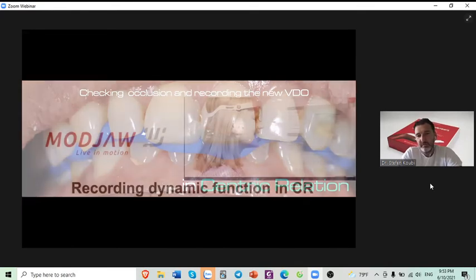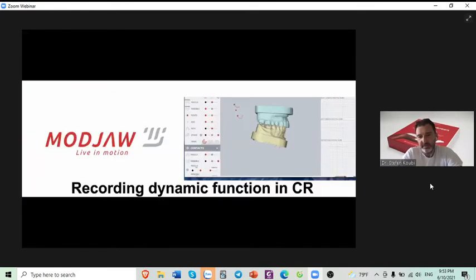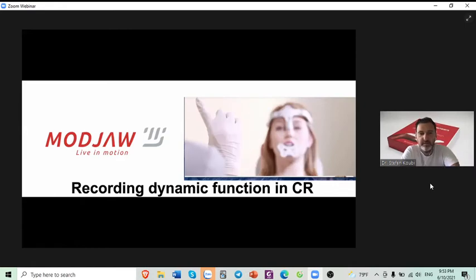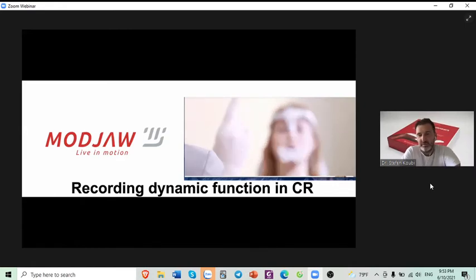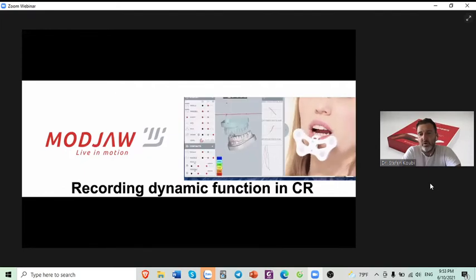Today, because we are in the digital era, you also have the possibility with this fantastic device made by a French colleague. He created this company, Mojo. So you are able to record all the movements, the envelope of movement. And then you can know exactly what the physiological envelope of the patient is.